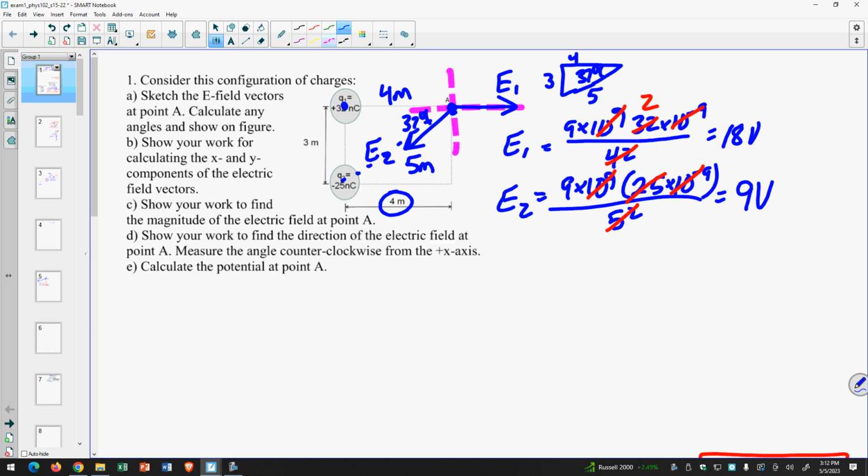Could you remind me, how do you know when to use the sign? Anytime you're dealing with vector quantities, you do not use the sign. That includes electric fields and electric forces. The signs come into play when you're drawing the vectors, like when I was trying to figure out the direction of the vectors, I said, oh, it's a negative charge, so it's repulsive or attractive or whatever.